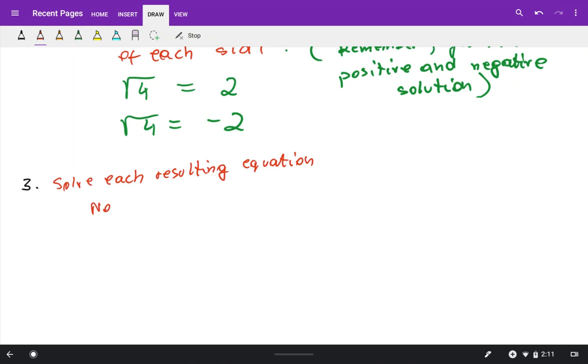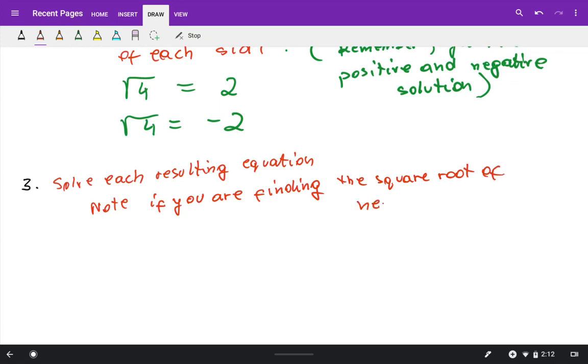Okay, note, if you are finding the square root of a negative number, let's just put that, then there is no solution.